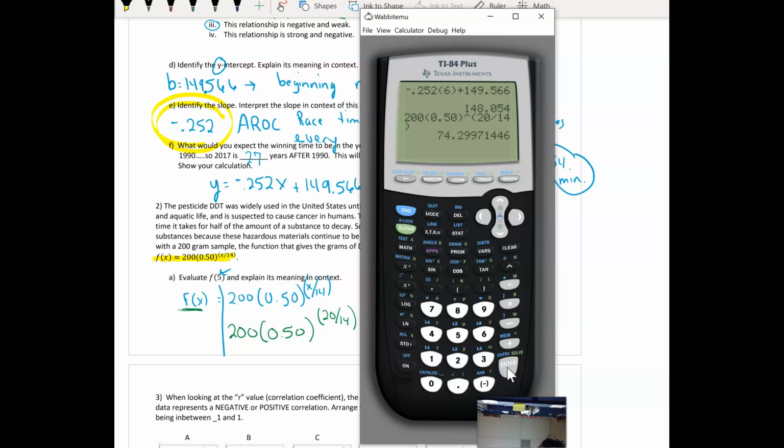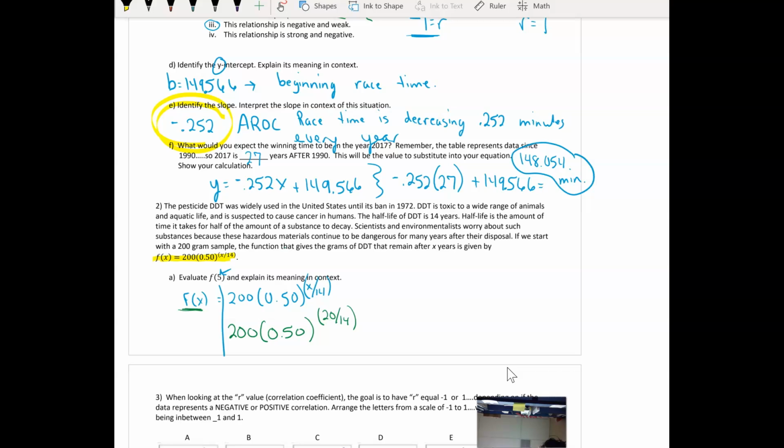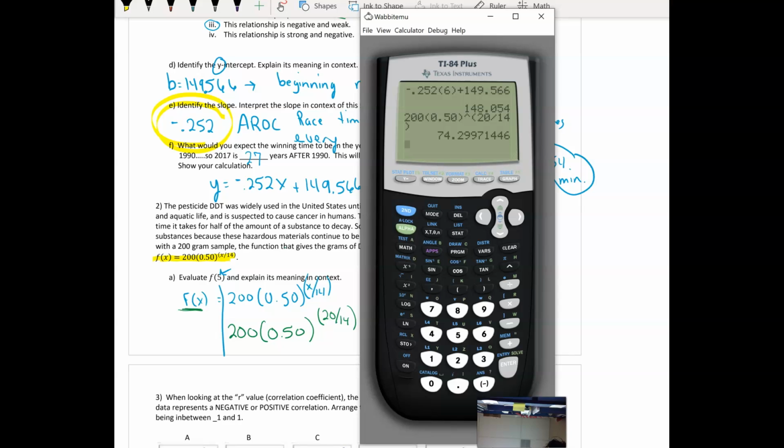And so when we're done, with 5 being in there, we get 74.299. So I'm just going to make that 74.3. So what it means is in 5 years, the amount of DDT, let's remember that number again, is 74.3.